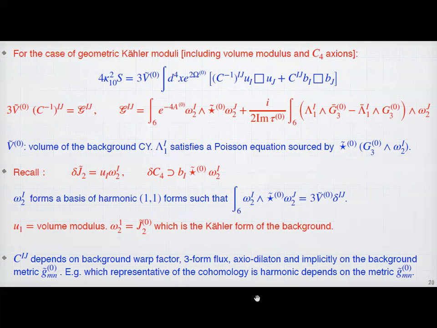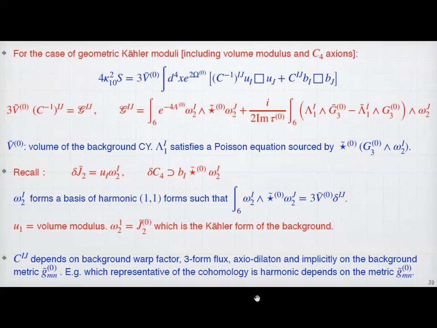After the integration, we have, for the Kähler moduli case, including the volume modulus and C4 axions. Recall that once we vary the metric, those are given by harmonic (1,1)-forms, properly normalized, and they will generate some fluctuations in the metric.